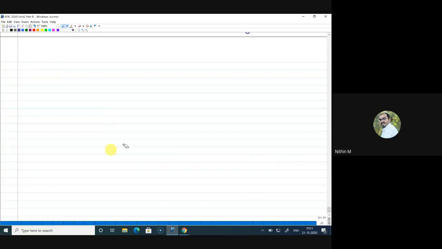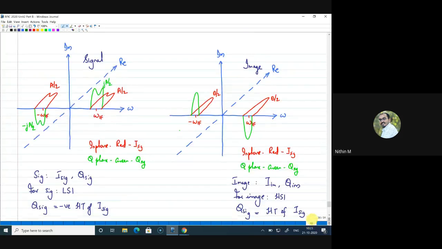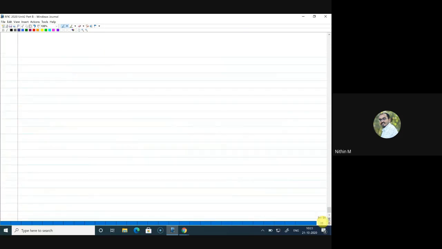So what I'll do, I'll apply, with reference to this diagram, another 90-degree phase shift only to the Q path, not to the I path, only to the Q path.